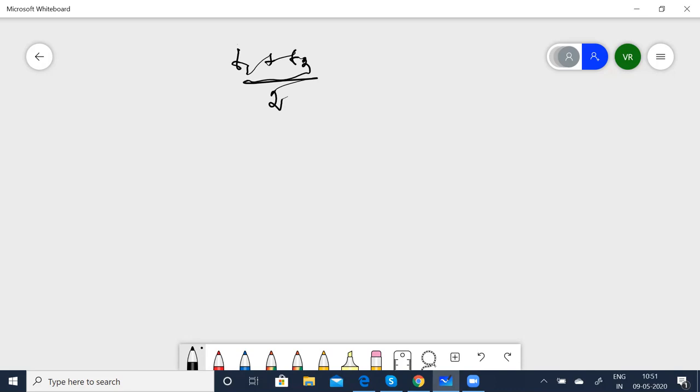Now we know v is equal to u minus gt. The first velocity u is equal to 0, so it is going to be g times (t1 plus t2) by 2.